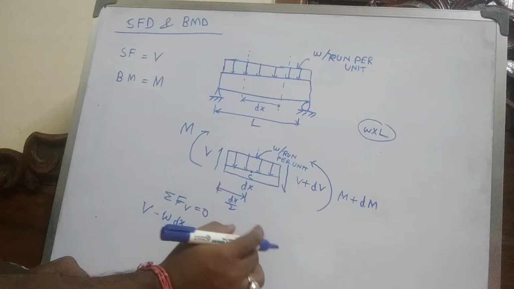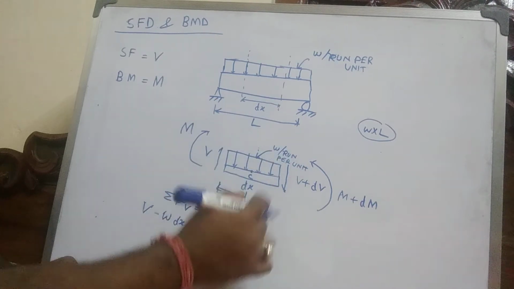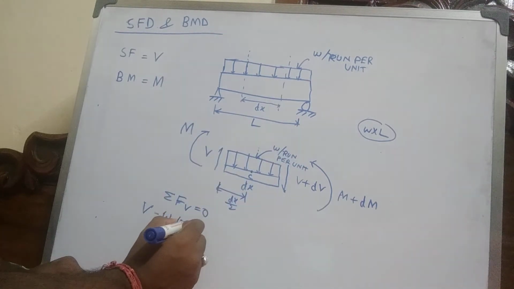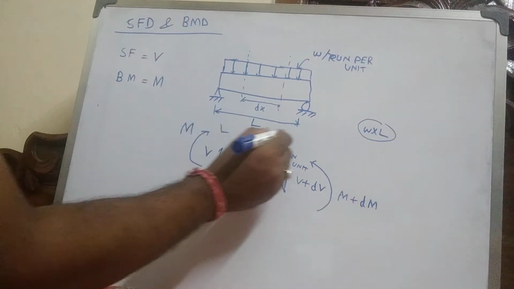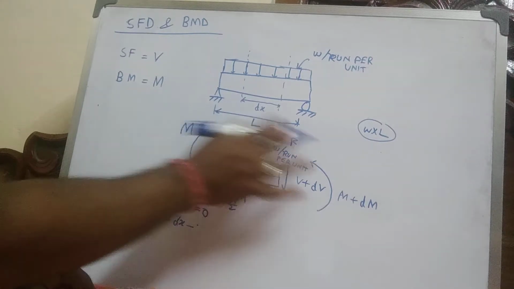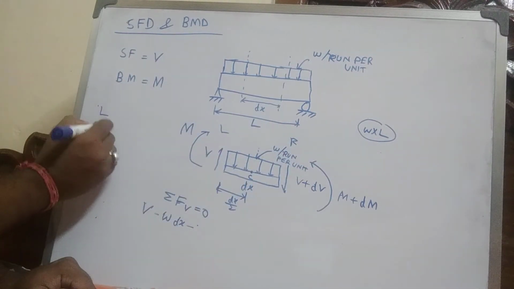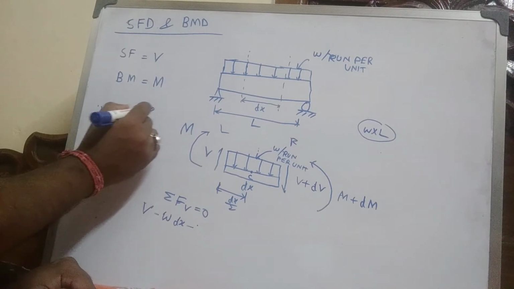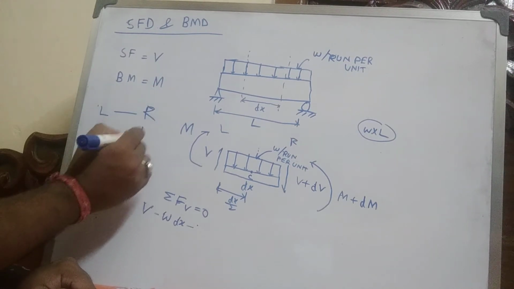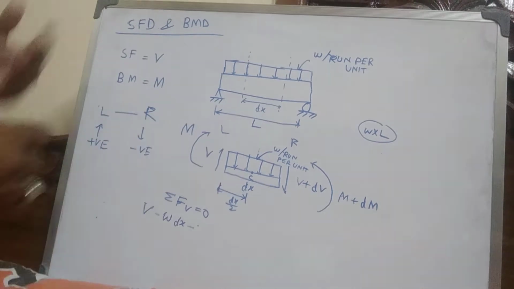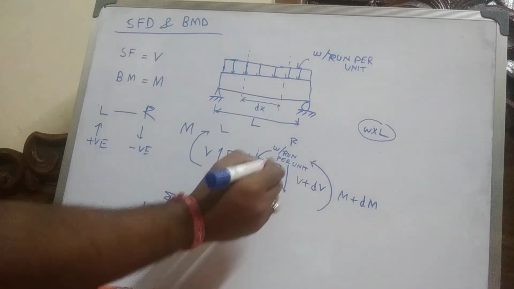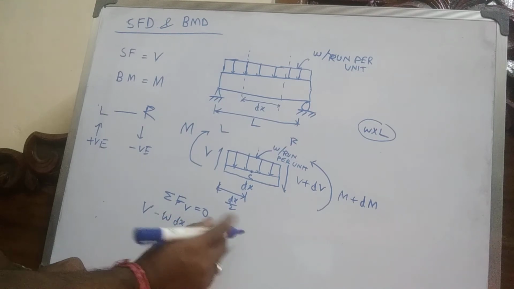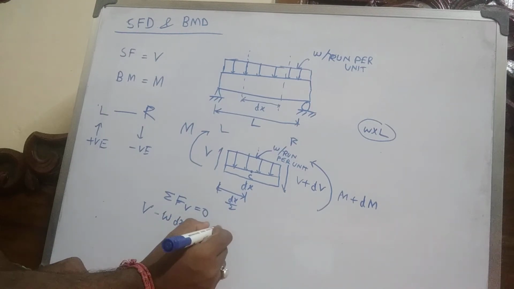Going left to right, downward is negative. Left side upward positive shear force, and right side downward negative, and vice versa. So V minus (V plus dV) minus w into dx equal to 0.